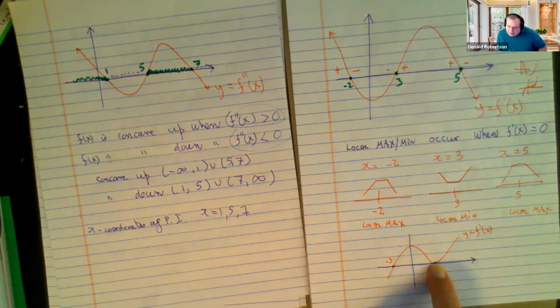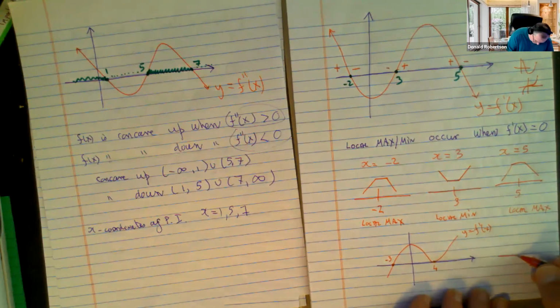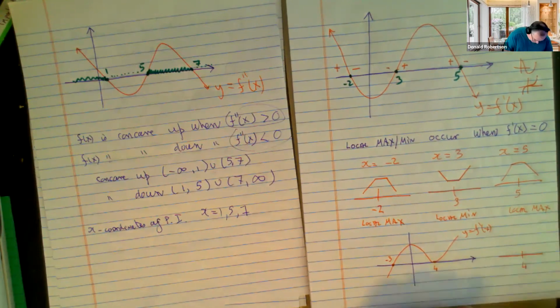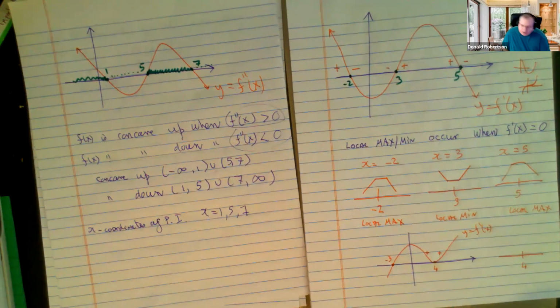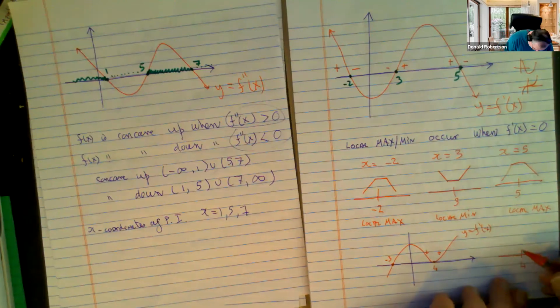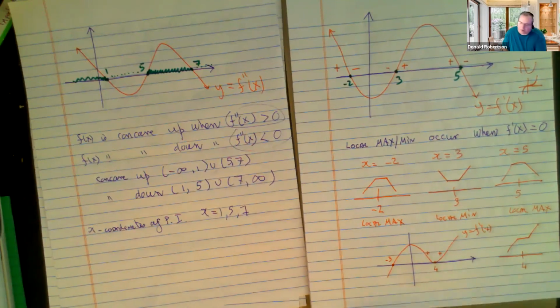Do you see this one here at x equals 4? This is going to be a horizontal point of inflection. Let's see what that looks like. Slightly less and slightly more, aren't they both positive? They're both above the axis. Now, if you go positive, 0, and positive, do you see that horizontal point of inflection?